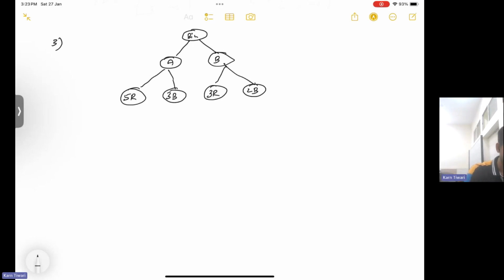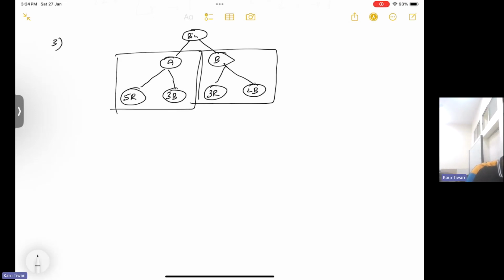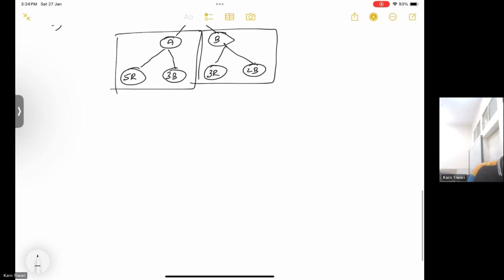Now they say that they draw a random ball from each bin. Just read the question properly. So from each bin, they have drawn a random ball. So it can be either red or blue. Now we need to find a probability.